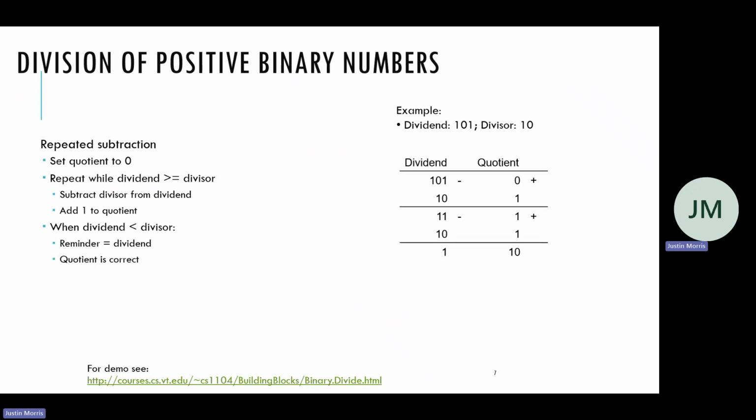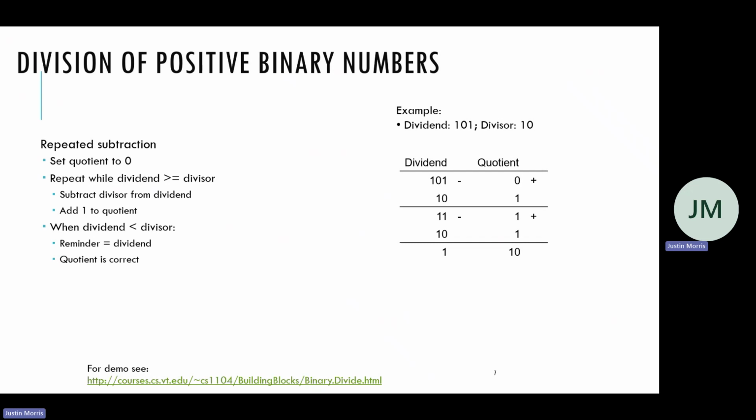But really, all that you have to do is set the quotient to 0 first, and then we're going to subtract the divisor from the dividend. And we'll check if the dividend became negative or not, because if it did, then our divisor was larger, right?